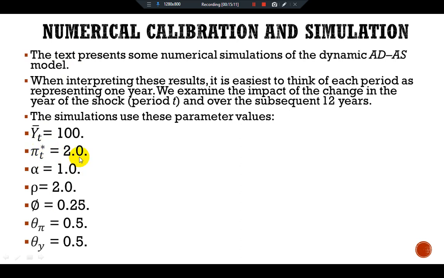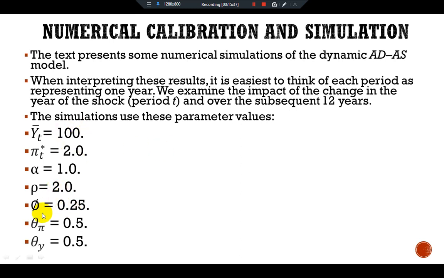The parameter alpha equal to 1 here implies that a 1 percentage point increase in the real interest rate reduces output demand by 1% of its natural level. The economy's natural rate of interest rho here is 2.